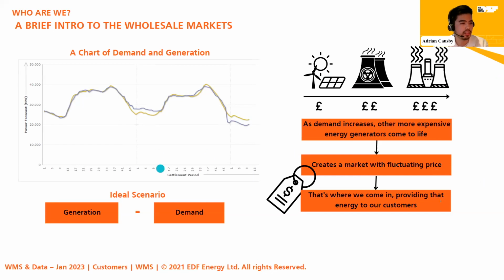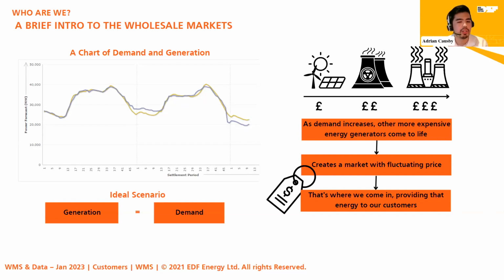So just an introduction into the wholesale market. I'm going to draw your attention to the left side here, where we've got a chart of demand and generation. This is actually National Grid's forecast of demand and generation. For those of you who don't know, National Grid is responsible for the distribution of energy to our customers. They pretty much worry about keeping our lights on. And you know, the essential building blocks of a market, you've got supply and demand.